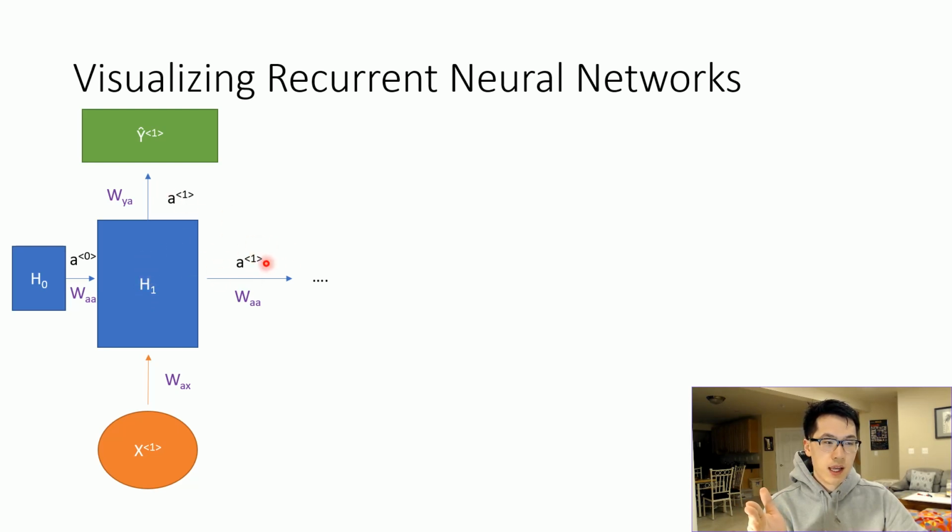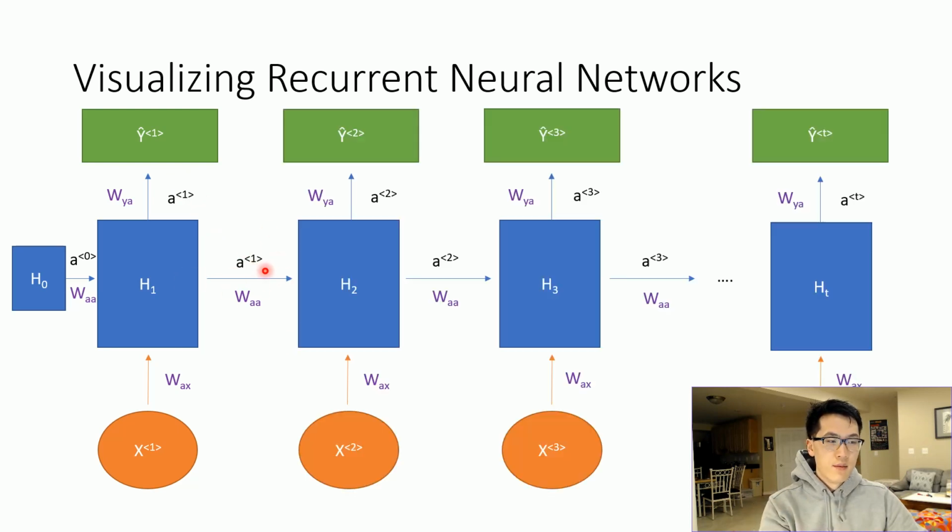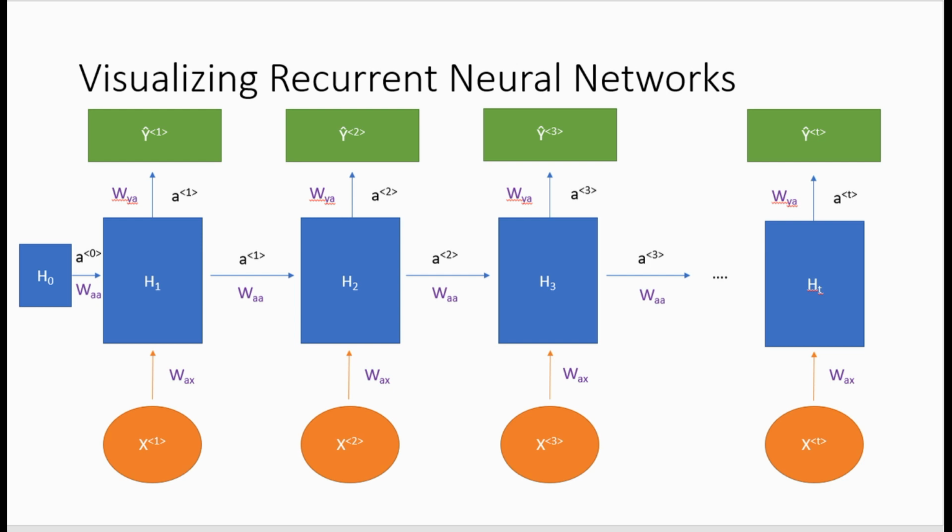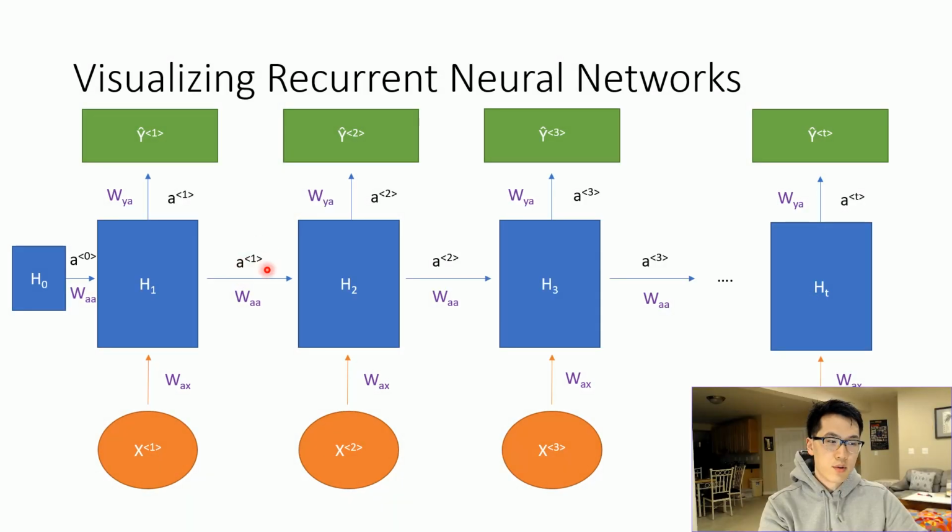So the A1, these are the two exact same things, but they have different weights going to them. And then the cycle essentially just continues, where you are utilizing the A superscript 1 and the weights of A to A. You matrix multiply those two, and then you add the matrix multiplication of your next input with your different weight for your different value.